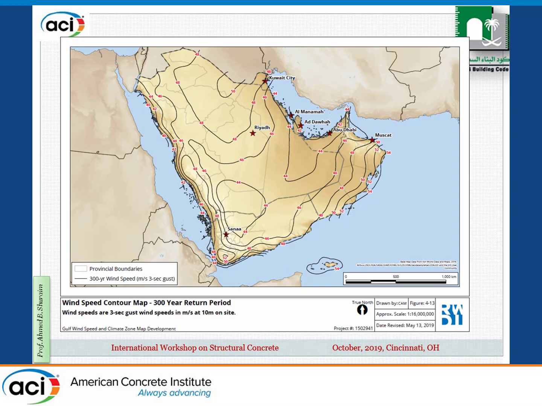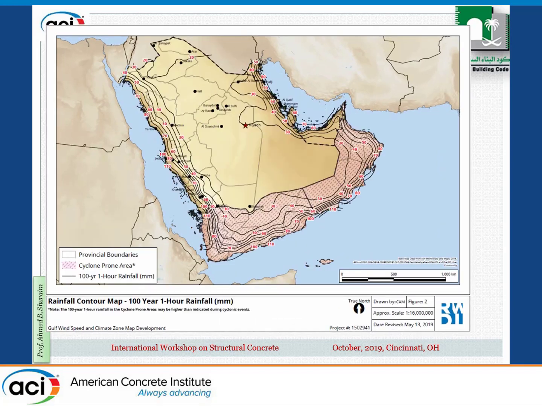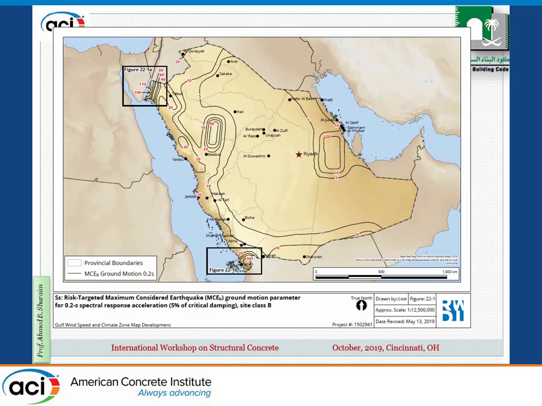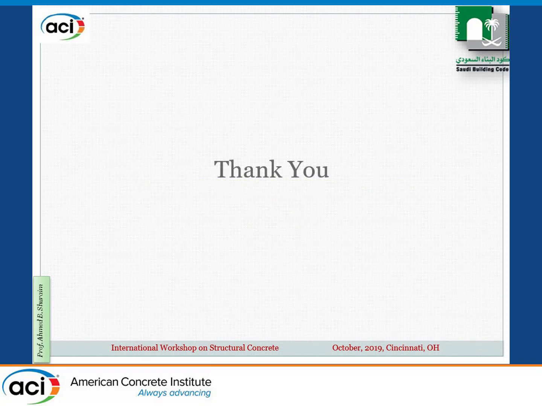These are the GSO countries that we are talking about, and the code will be applicable to these. This is the climate map, this is the rainfall map, and the seismic map. Of course we have more maps, but I'm just showing one example. Basically that's it, and thank you very much.